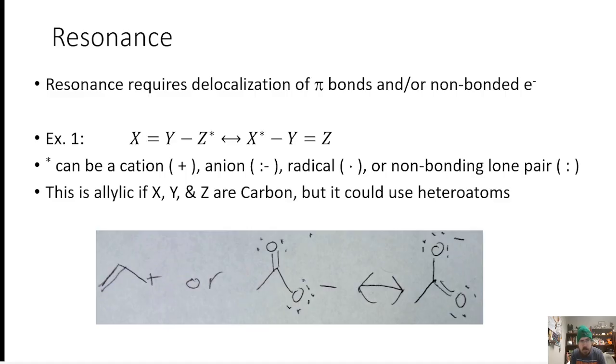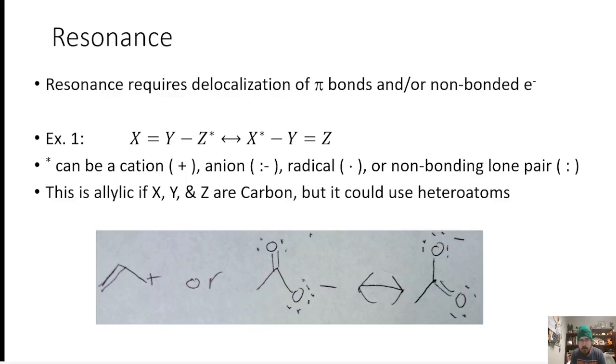The key is that the starred atom has a p orbital on it. This could be allylic if X, Y, and Z are carbons, but these X, Y, and Z can be heteroatoms.